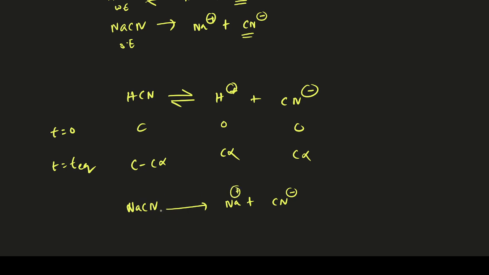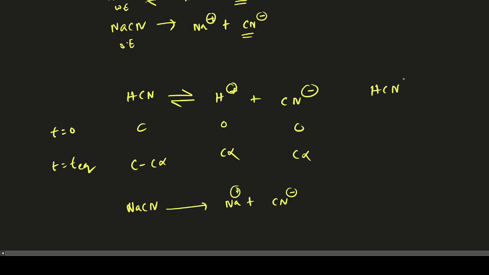Let's say we are given HCN at 0.2 molar concentration, and NaCN also at 0.2 molar concentration. Both have 0.2 molar concentrations.